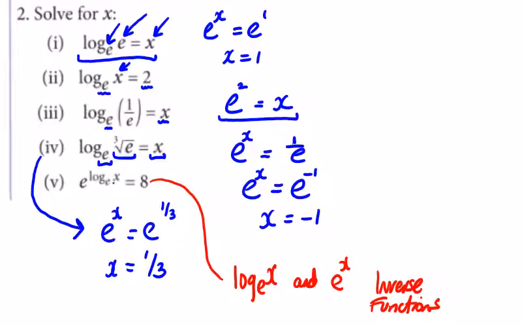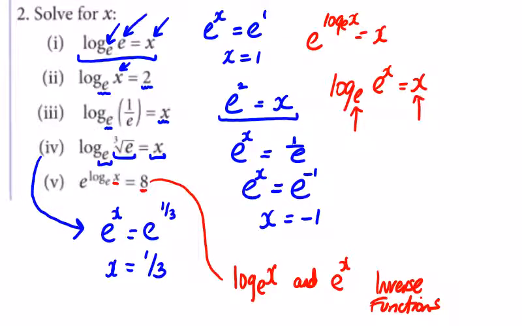So in this case, x is going to be equal to 8, as e to the power of the log of x to the base e is equal to x, as the log to the base e of e to the power of x is equal to x. So in this case, number 5, we're going to just say x is equal to 8 based on our knowledge of logs, not much else in that question.